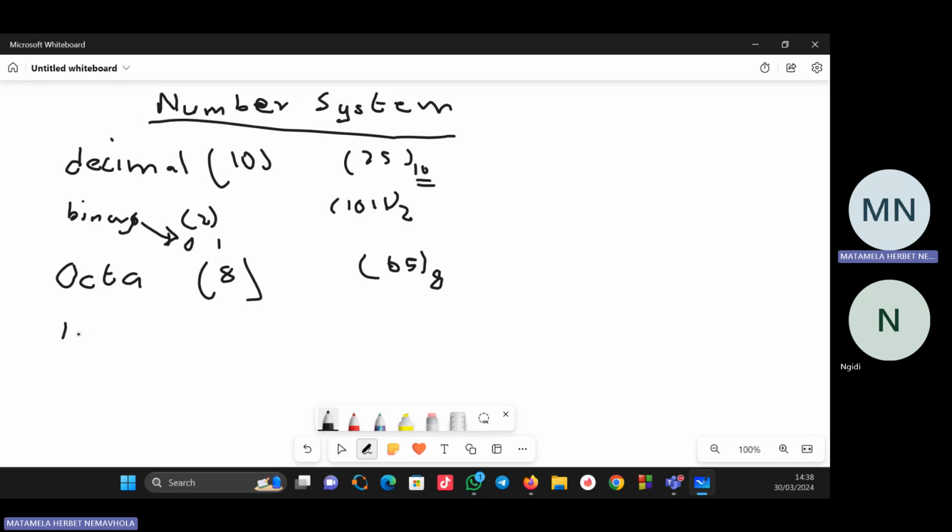And then we have hexadecimal. Hexadecimal is made out of 16.